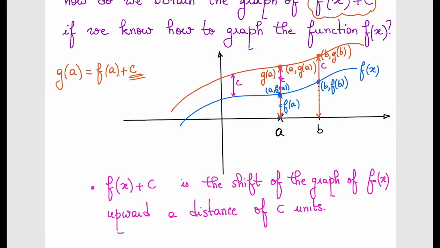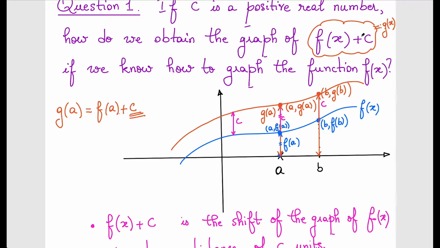Now what happens if instead of adding we subtract a c? Subtracting the c means instead of adding a constant c to the output of the function f to obtain the output of the function g, you're going to subtract, which means you're going to go down, right?